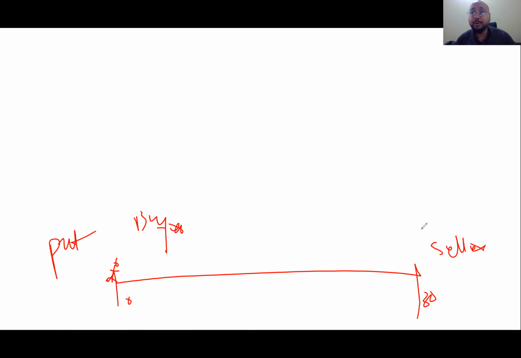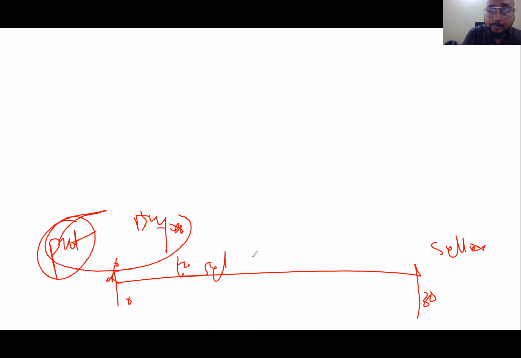So buyer of put option will say that I will sell you. In essence, put option means right to sell. So that person who buys the put option is entering into a contract to sell euro, right?